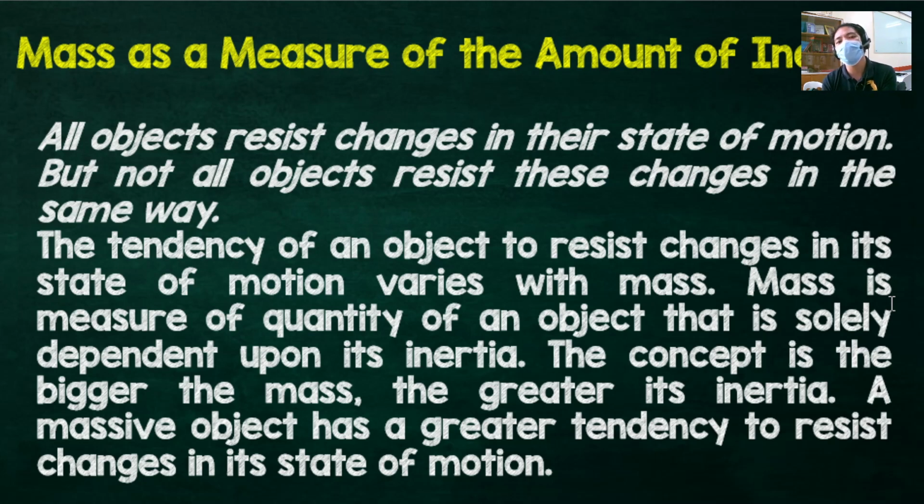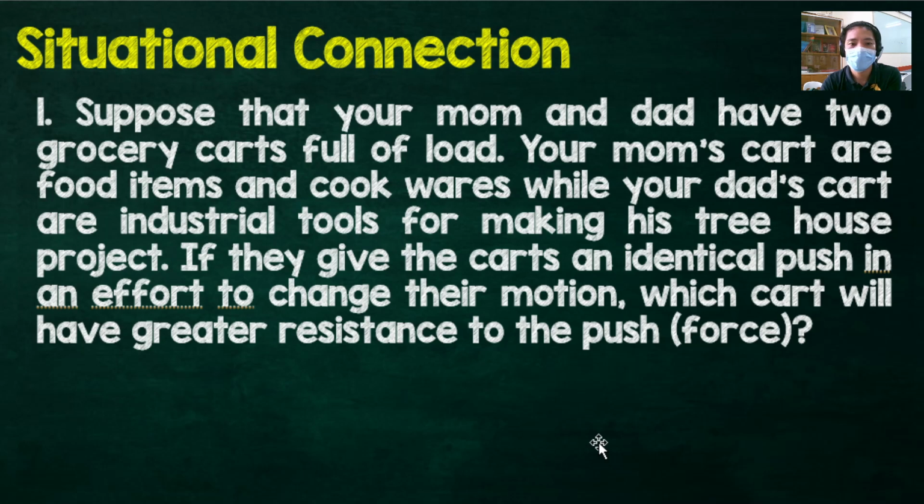Now that you already know the difference between mass and weight and mass and inertia, let us go to a situational connection about mass and inertia. Suppose that your mom and dad have two grocery carts full of load. Your mom's cart has food items and cookwares, while your dad's cart has industrial tools for making his treehouse project.